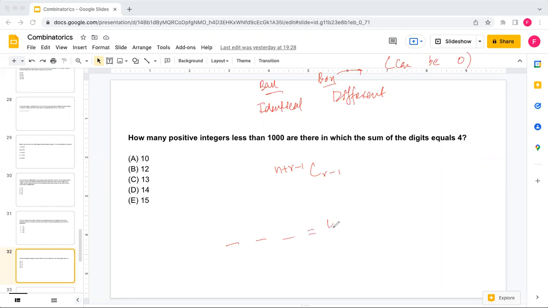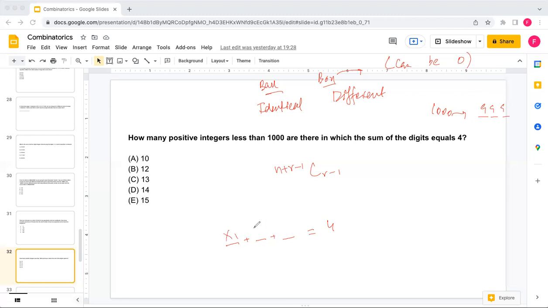Our sum is 4, and our maximum is a 3-digit integer, because our value is less than 1000, so the maximum value is 999. So I'm saying at maximum we have a 3-digit number, right? And if any is 0, you can make this a 2-digit or 1-digit number, right?